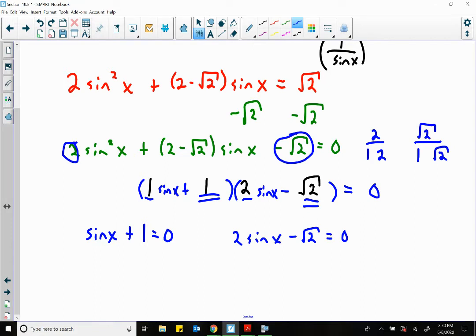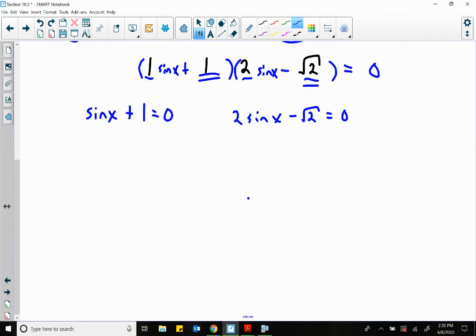And these can be solved. Okay? So let's do some quick solving. So this first one right here, all we're going to do is subtract 1, sine x is equal to negative 1, which means we do inverse sine.